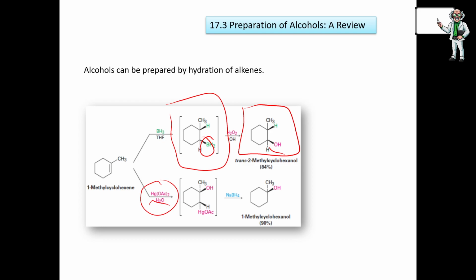Okay, and the attack of the hydroxyl group is from the opposite side of the mercury. Once we have this intermediate, we add sodium borohydride and we change this mercury for a hydrogen, and we get the final compound. That means with borane we get the hydroxyl group in the less substituted position. With mercuric acetate we get the hydroxyl group in the most substituted position.